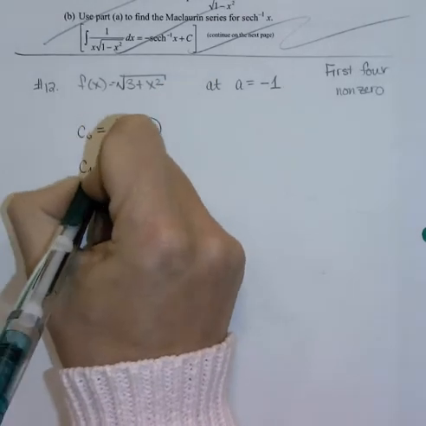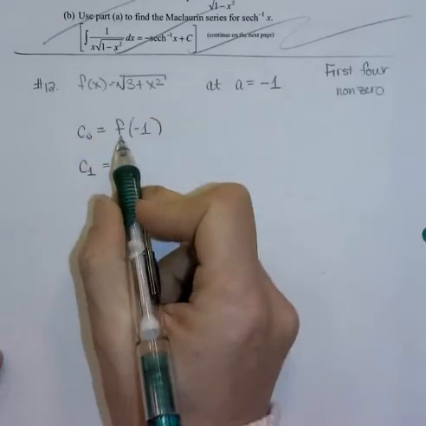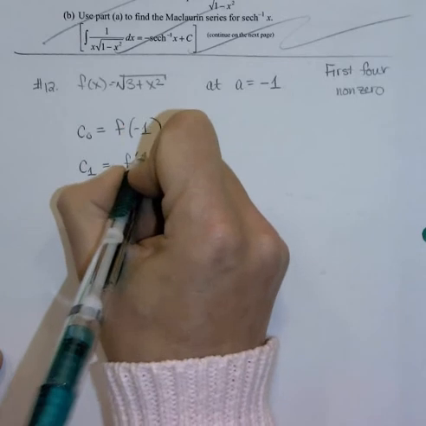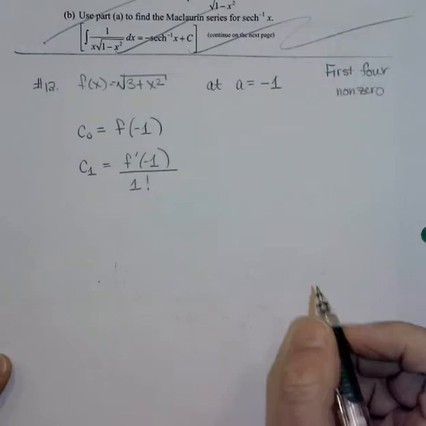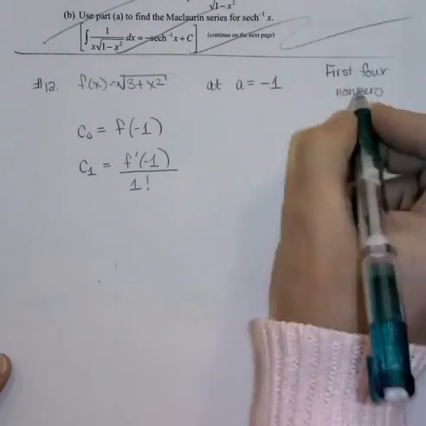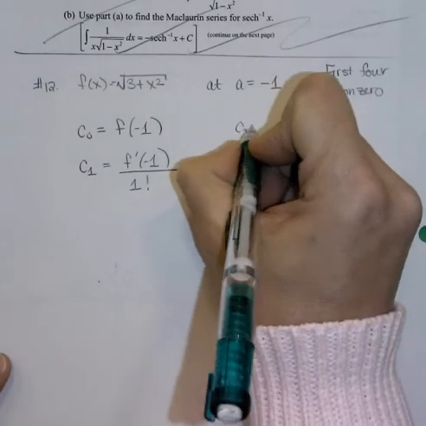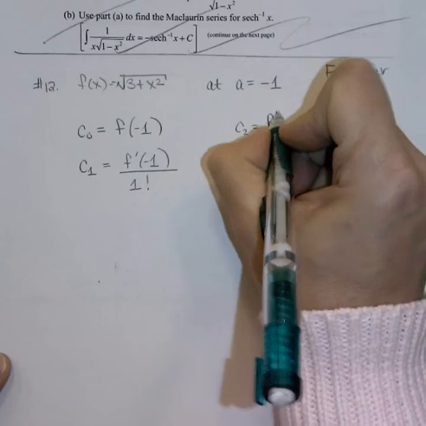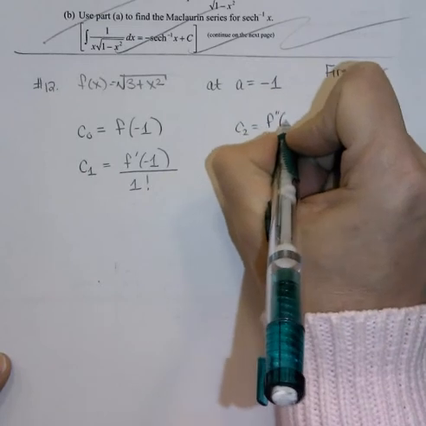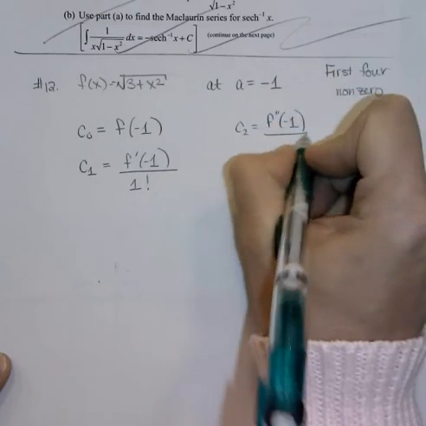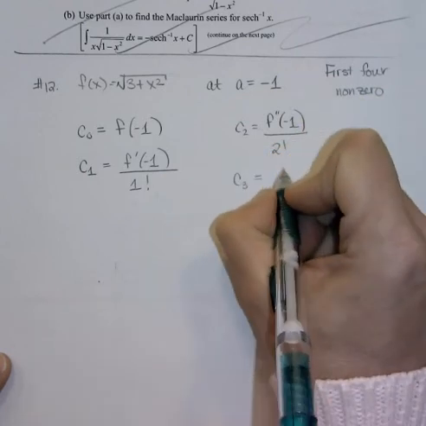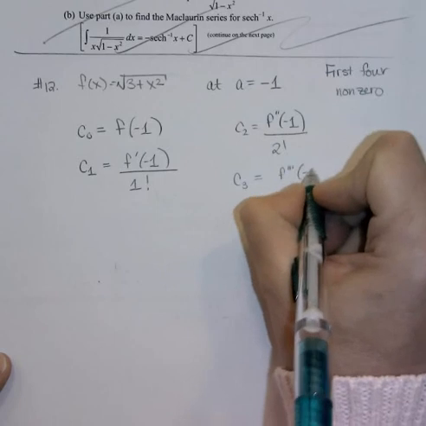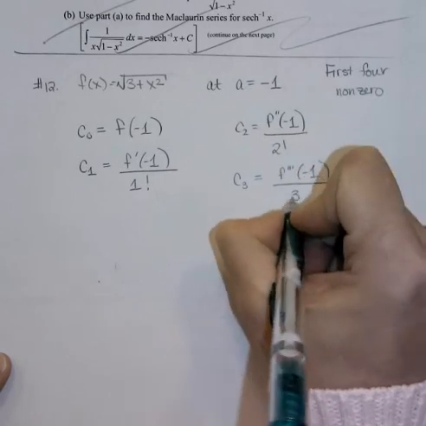C1 is the first derivative divided by 1 factorial. We want 4 terms. So C2 would be the second derivative divided by 2 factorial, and the third, C3, is the third derivative over 3 factorial.